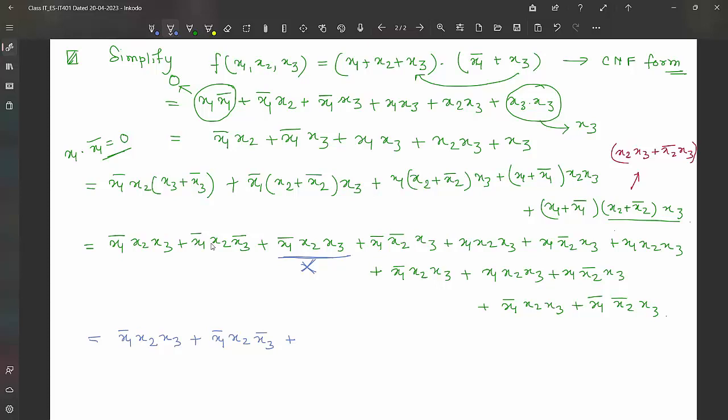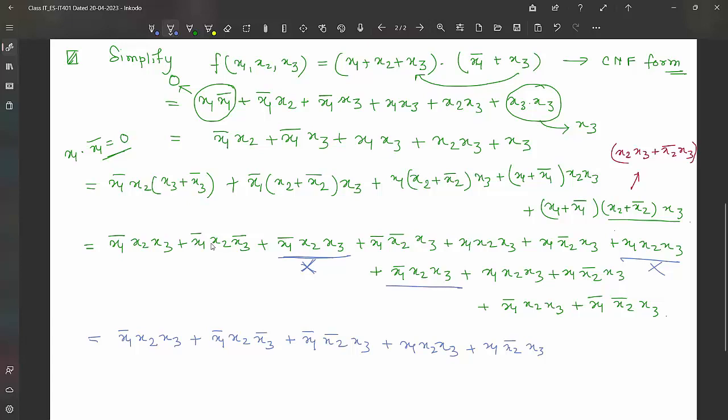Next, x1 bar x2 bar x3 bar, we have to take that, x1 bar x2 bar x3, this is the new term. After that plus x1 x2 x3, new term, plus x1 x2 bar x3, it is in the first term, so neglect it.